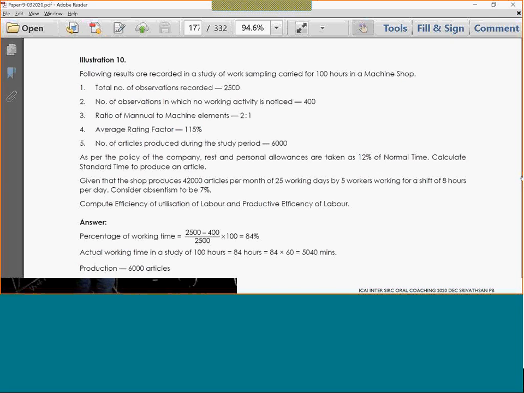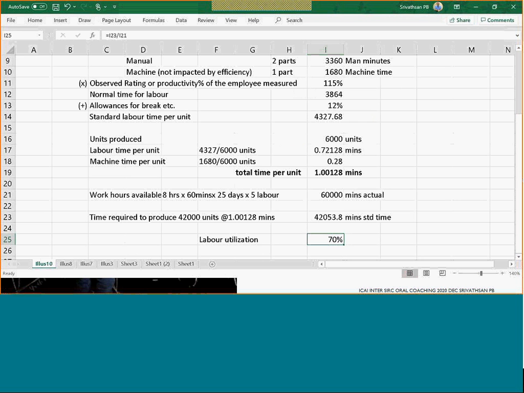There are some calculation errors. I'll correct it. Please excuse me. And compute potency of labor. See, this 3,000 minutes is including the 7% holidays or leave absenteeism.